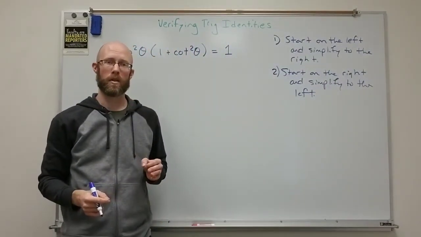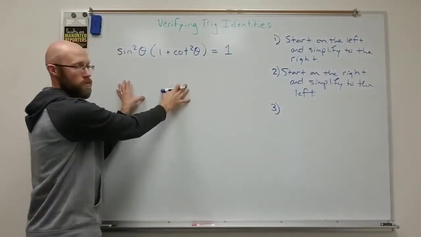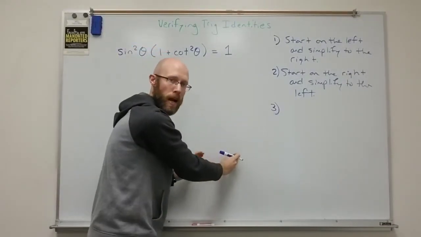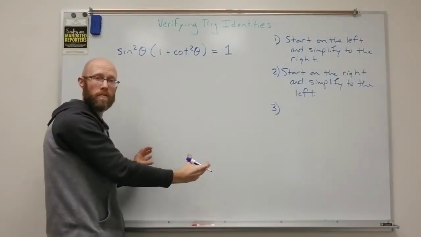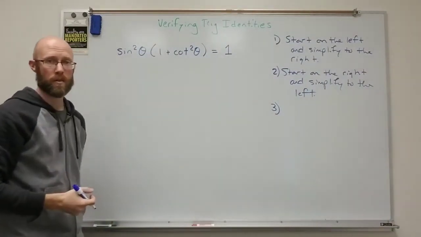The third option is actually where you do some work with the expression on the left, you do some work with the expression on the right, and perhaps they simplify to the same thing. And if they simplify to the same thing, then they must be equal to each other, okay?